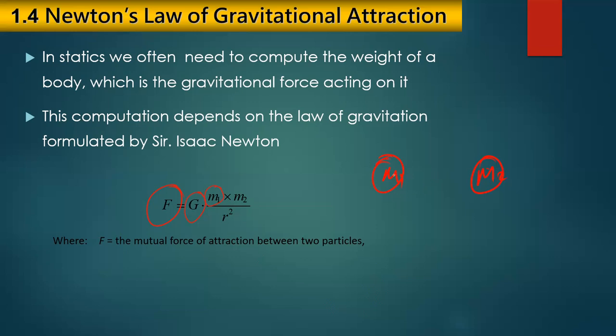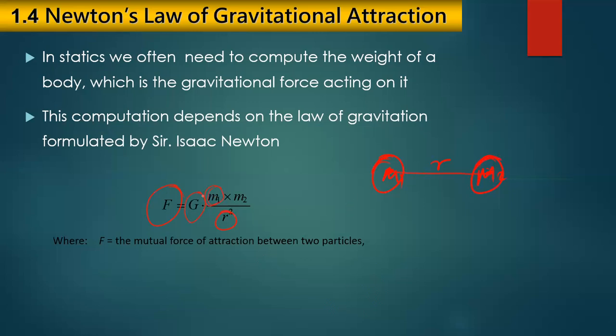You simply have to get the distance between the center of this object and the center of the other object. This distance is called R. This is the R that you have there.